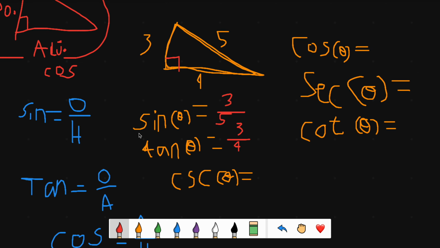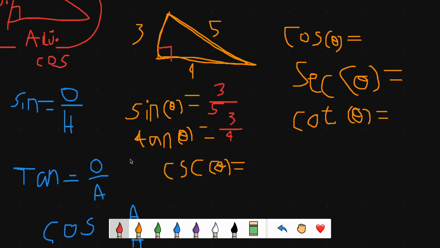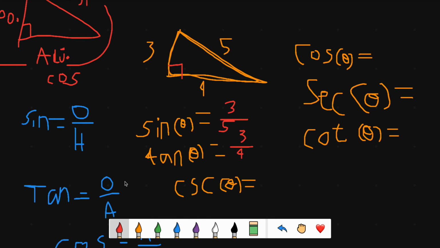So tan is the vertical over the horizontal, and cotangent is the horizontal over the vertical. Always remember that, and write it down in your notebook. Pause or go back in the video to write it down.